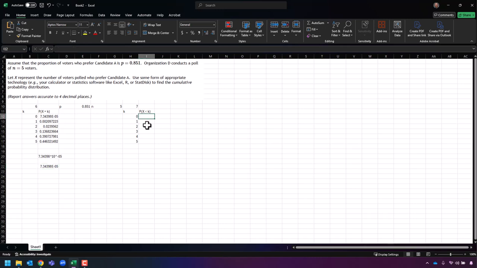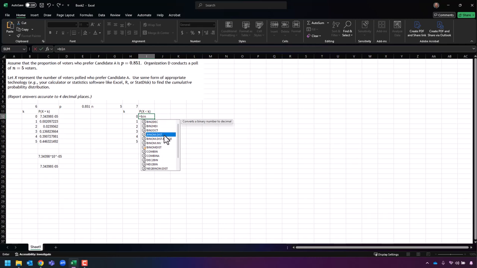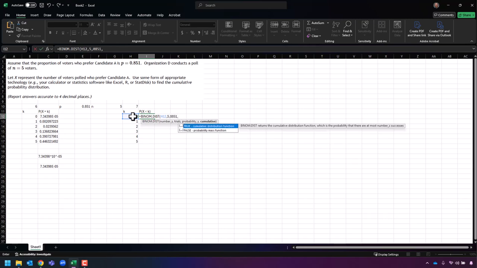Now how it switches here for problem 7 is it's cumulative. So this is a cumulative probability distribution. And what that means, the first one really is this value. So binomial distribution. I've got 0 successes out of 5, and I've got 0.851. I think I missed the decimal. 0.851. And then this is true.